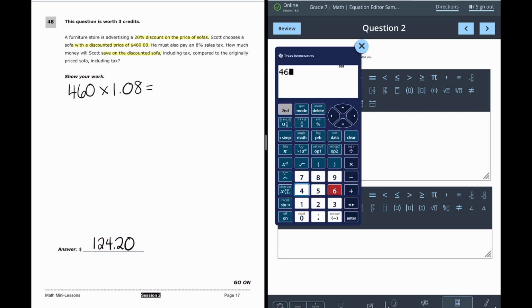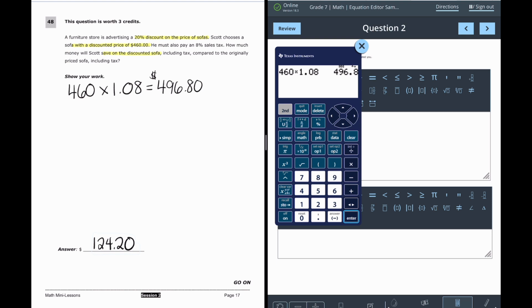Clear it out. 460 times 1.08 is $496.80. Now, if some of you are only finding 8%, you might be doing the 8% and just adding it on. So that's fine too. I just like to do it in one step instead of finding a percent and then adding. I just did it all together, but it's fine if you found the 8% and then just added it to 460.